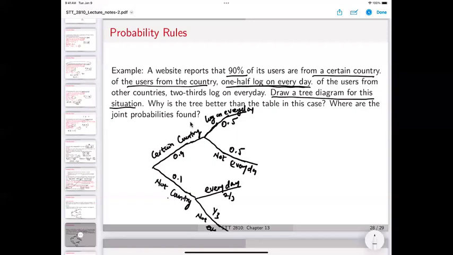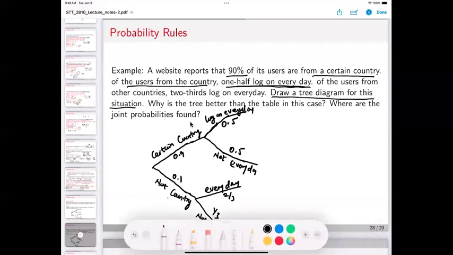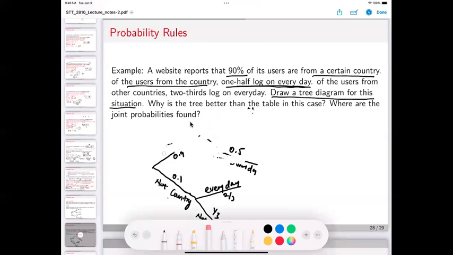So this is how to construct the tree diagram. I will go over again. To construct the tree diagram, we read the problem, and then we use the information from the problem to construct our tree diagram.